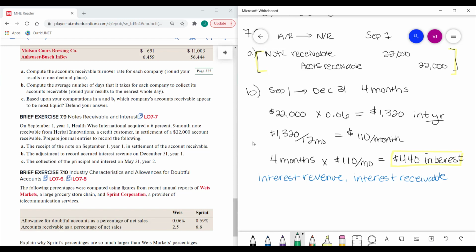Okay, to record that, we will debit interest receivable since it's an asset. We'll debit that for $440, and we will credit interest revenue for $440.